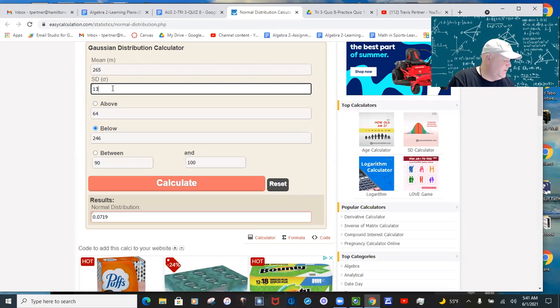So 0.0719. And then not born prematurely, you do the complement. So there's a lot of complement principle going on in this. 0.9281. So 7.19%, 92.81%.